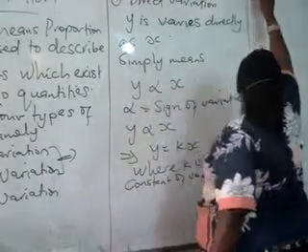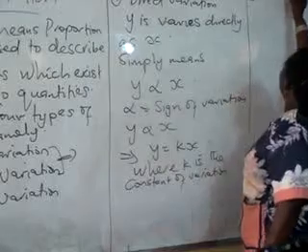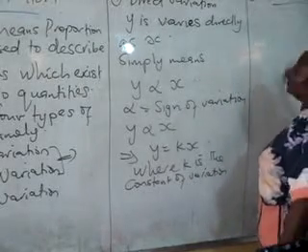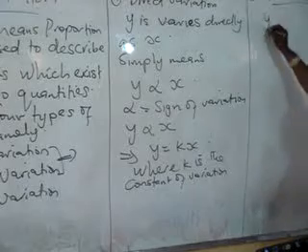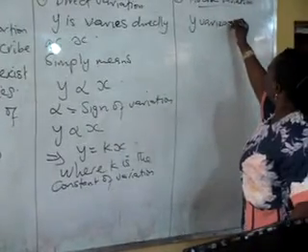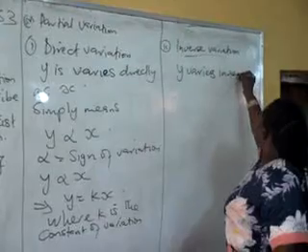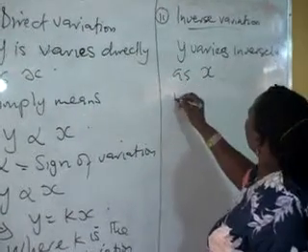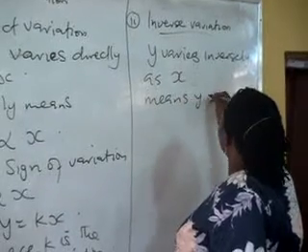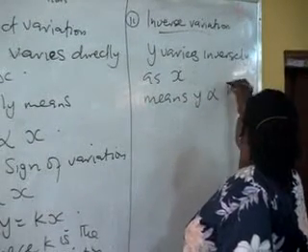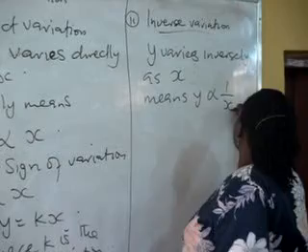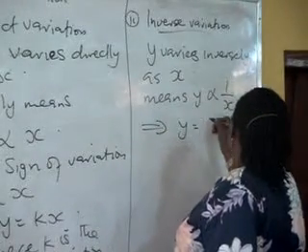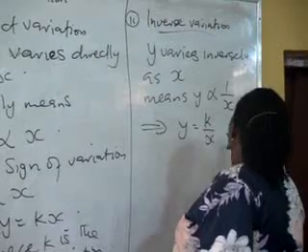And the second one, which is inverse variation, still using y and x: y varies inversely as x means y varies as 1 over x, which implies that y equals k over x.